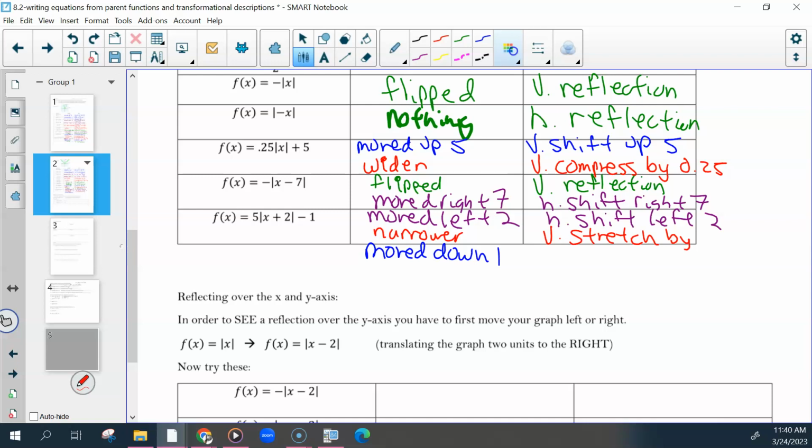What number is being multiplied? It is 5. Right, and then our last one, move down 1. How would we write that rule? Shift down.